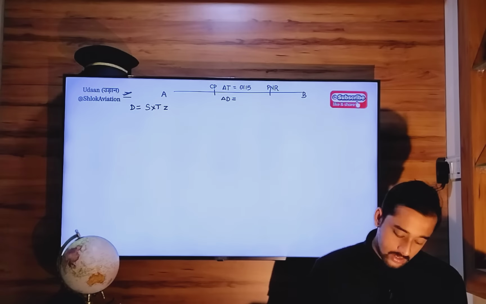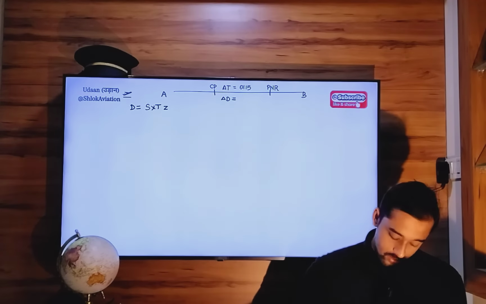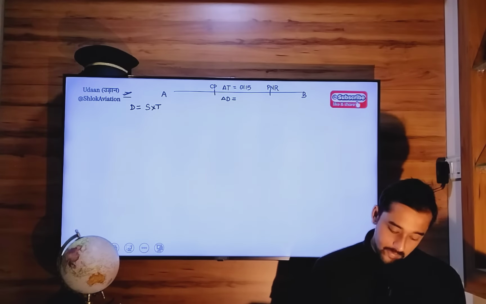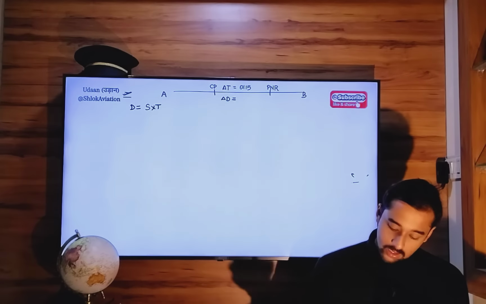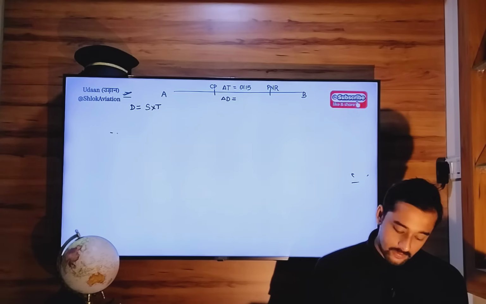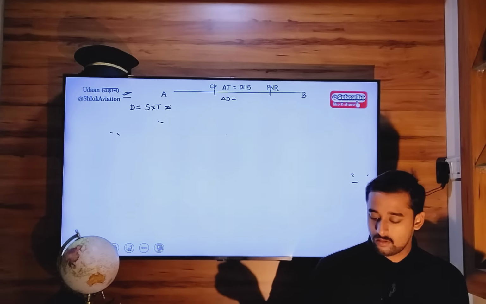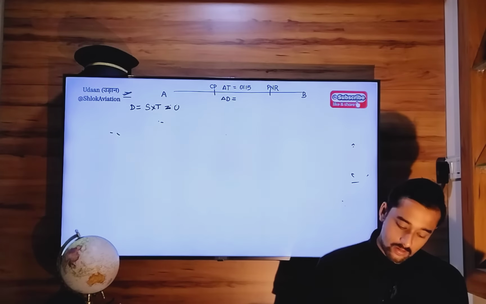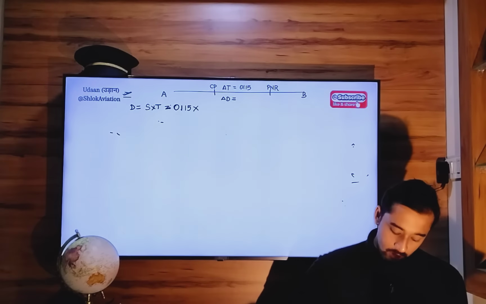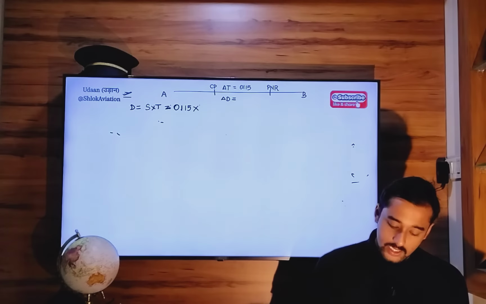That is equivalent to a distance of outbound speed 206.